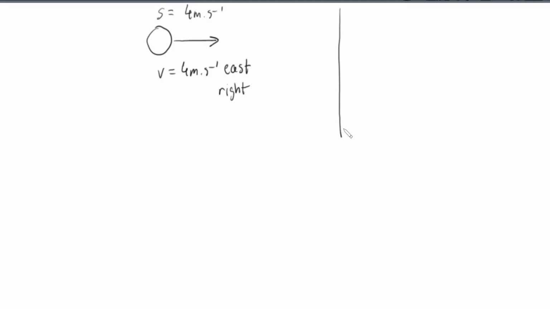And let's say once this ball hits this wall and comes back at us, the speed it returns with is 3 meters per second, and the velocity it comes back with is also 3 meters per second, but it's towards the west now, or it's in the opposite direction, so we'll say left or west.